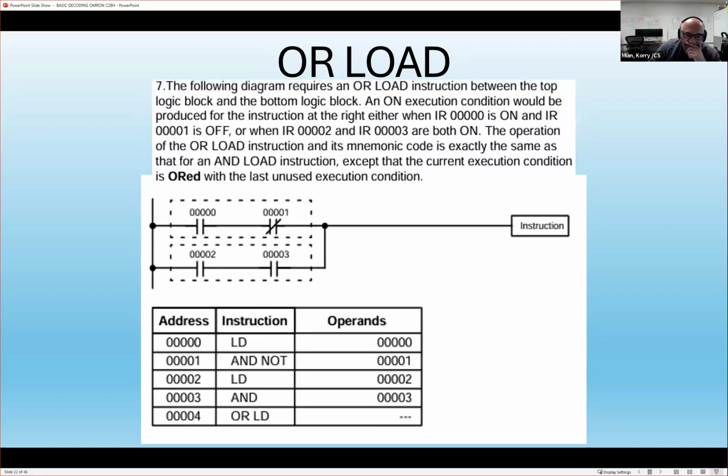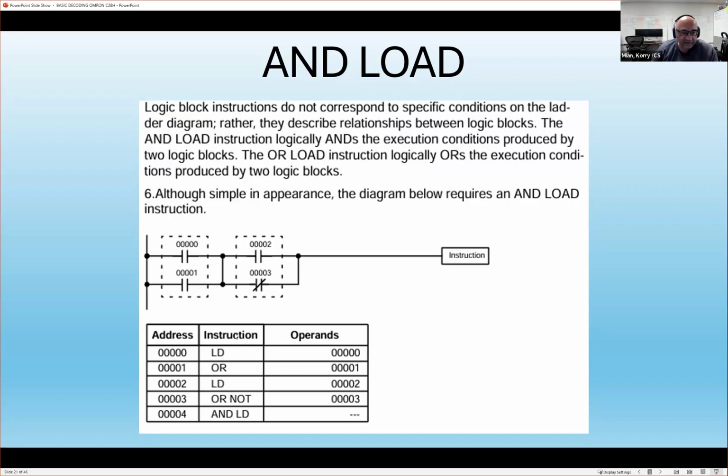So that means the load instruction doesn't necessarily signify it's a new rung. It depends on the rest of the rung. Yes, because you would have to see the instruction part. Yeah, further down, if you keep going down and you have an AND load, then they're doing this.